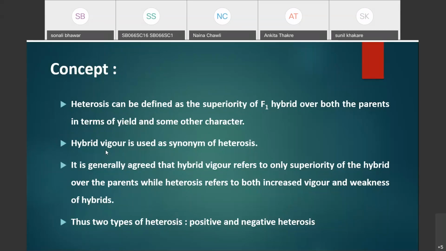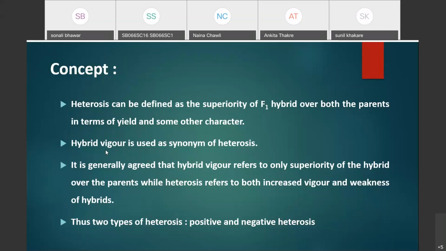When the hybrid produced may be superior or may be weaker than either parent, so that it is completely different from its parents, that phenomenon is referred to as heterosis.